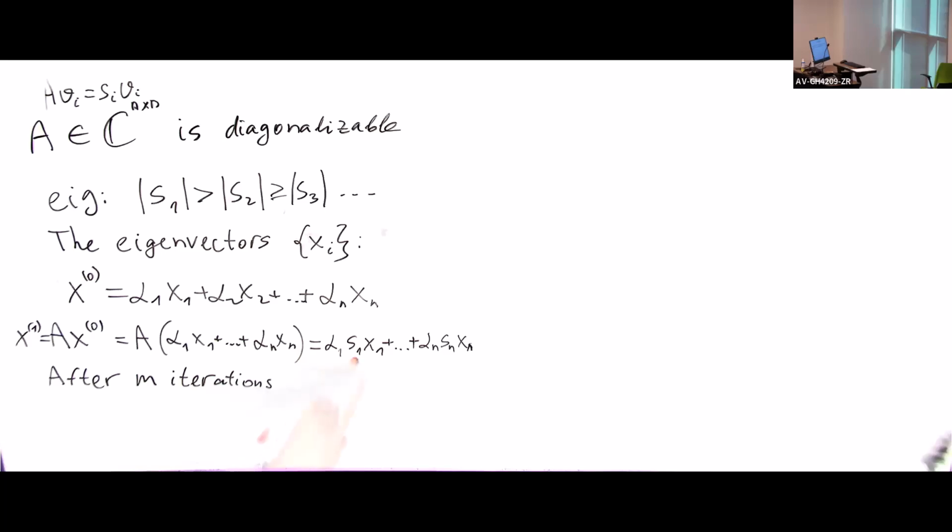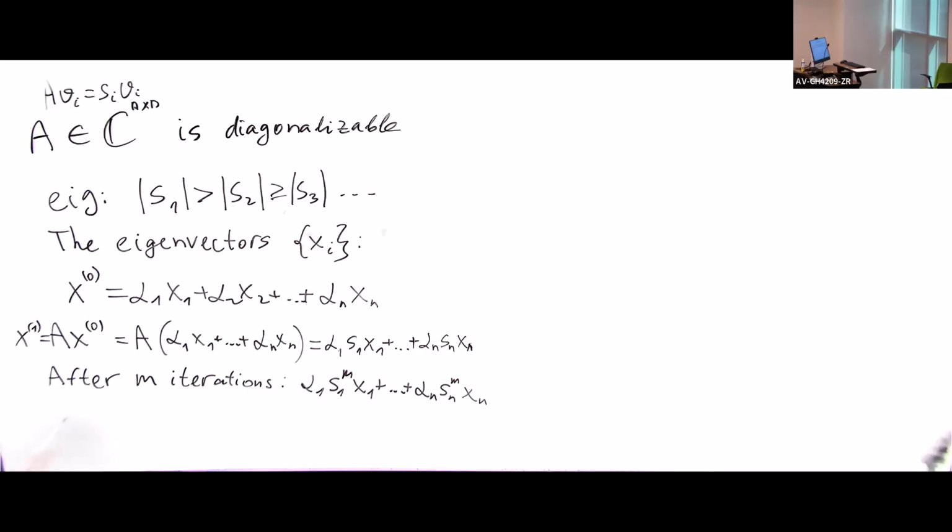This will stay the same. So practically you'll have the same thing, but to the power of m after m iterations. So what you'll have is alpha 1 S1 to the power of m x1 plus alpha n Sn to the power of m xn. That's what you get.